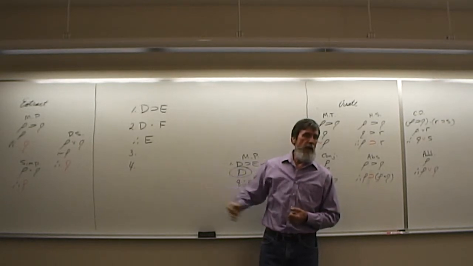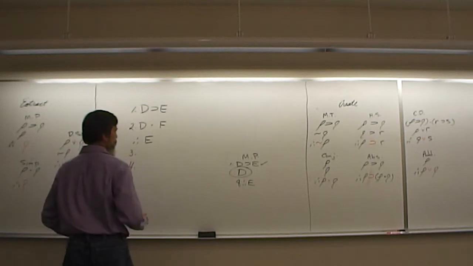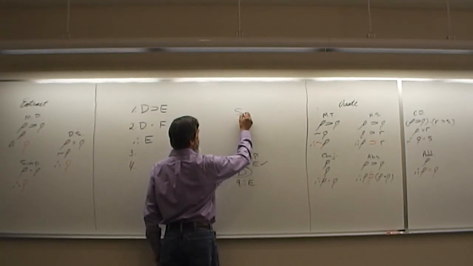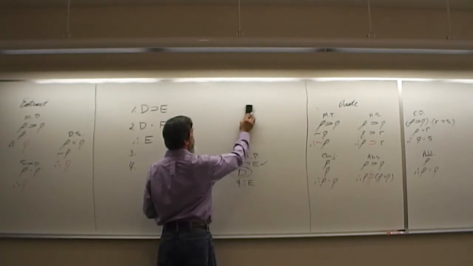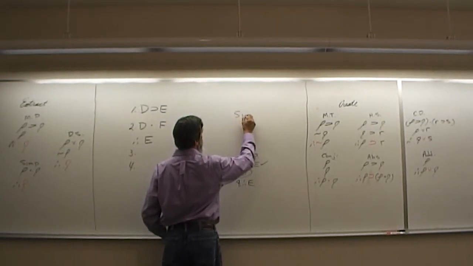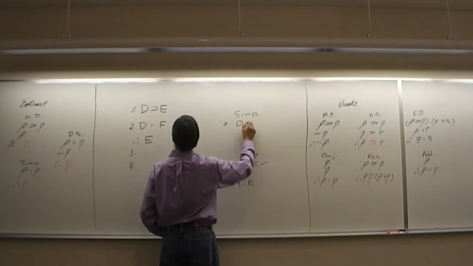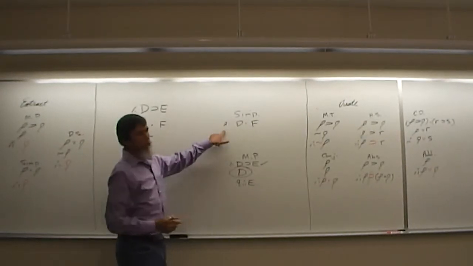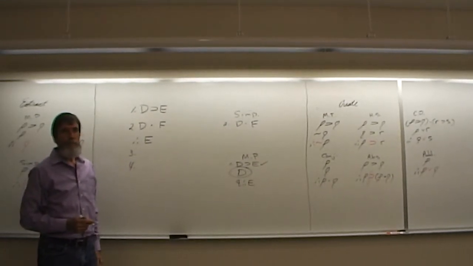Do we have a means of extracting the left-hand conjunct from a dot? That's right. So the second to last step of our proof is going to be to extract D from line 2. I'm keeping track of the notation there, so you know what to write in the actual proof.